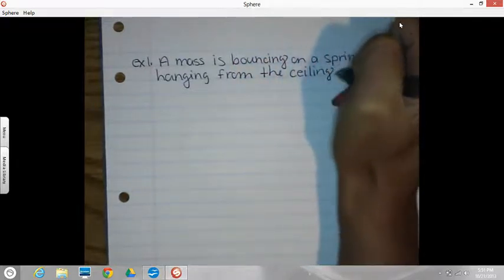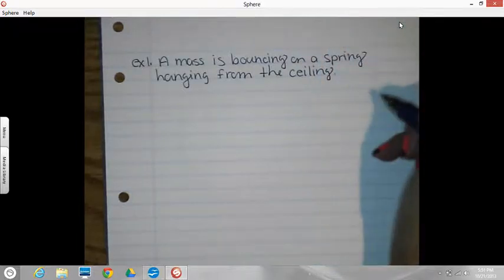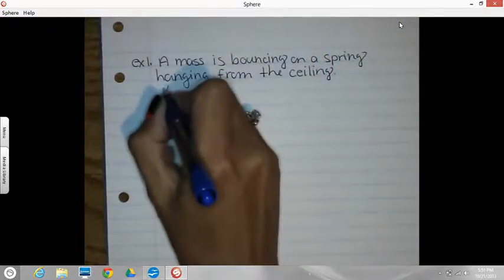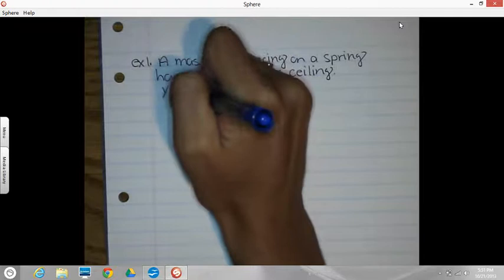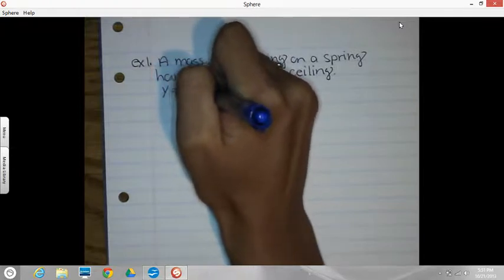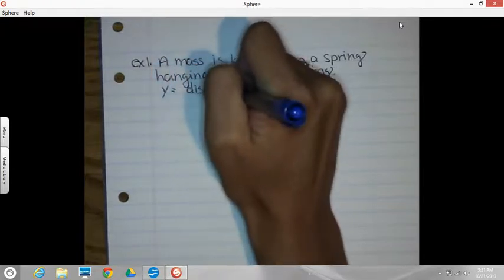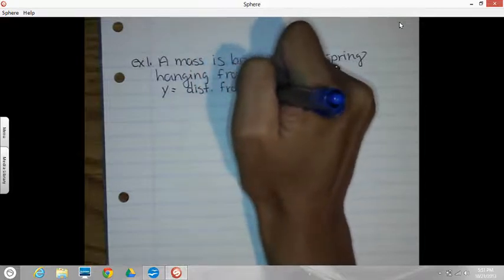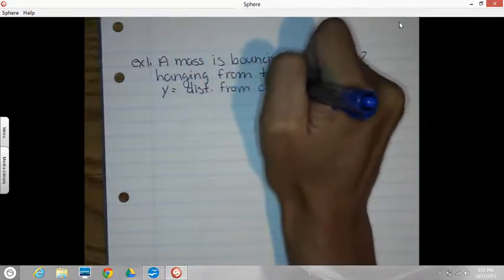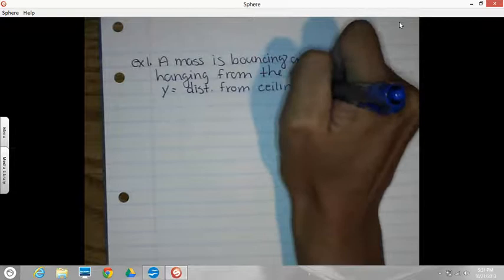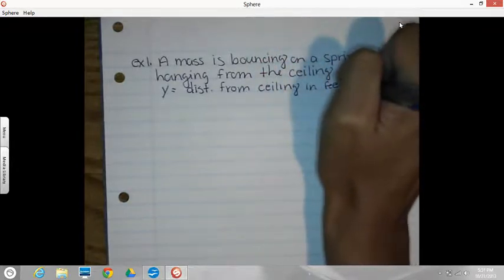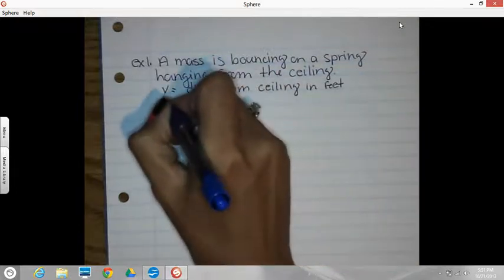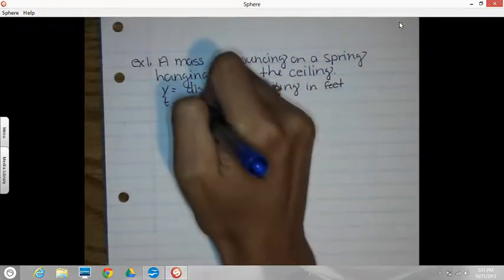And you are going to write an equation for y, where y is going to give you the distance in feet from the ceiling to the mass. So it's the distance from the ceiling, not the floor, in feet. And t is going to be in seconds.